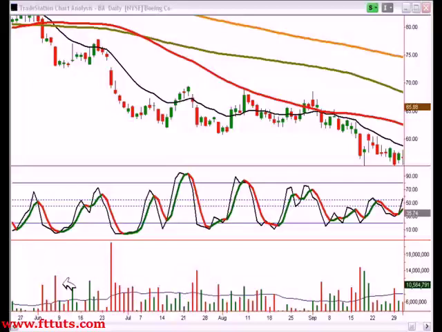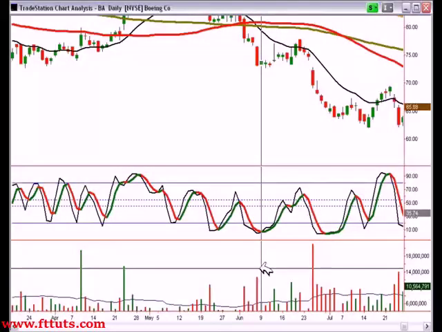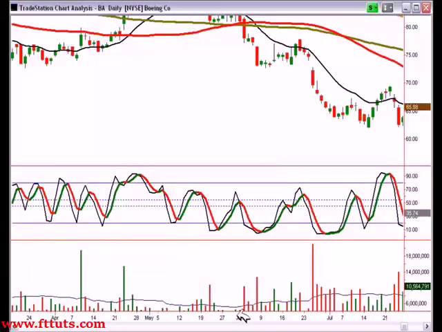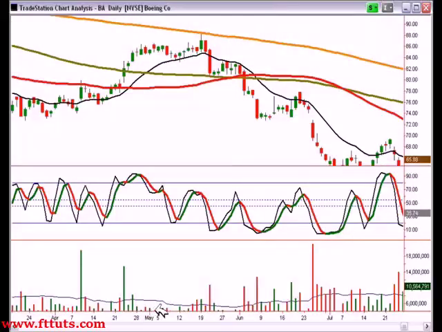Alright, so that is the basics of it. Now look at this. You see how we get such little tiny volume down here. And let's see what our price is doing, of course. So this is very significant because we get just minuscule volume here as this market is trying to go up.